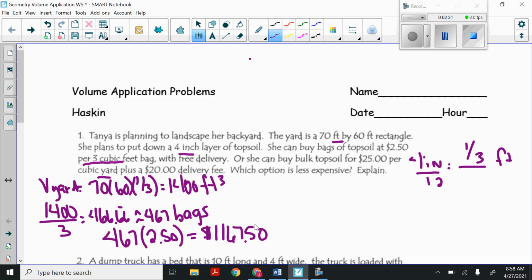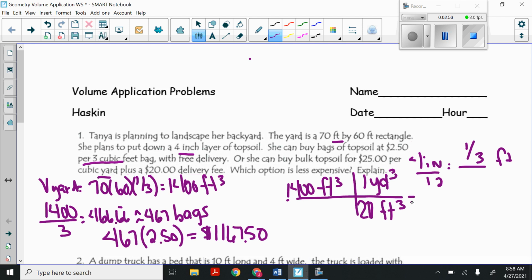So now we want to find out the cost to buy bulk topsoil for $25 per cubic yard. Let's go ahead and change our 1,400 cubic feet into cubic yards. We know that there are 3 feet in a yard, so 3 cubed would be 27 cubic feet to 1 cubic yard.